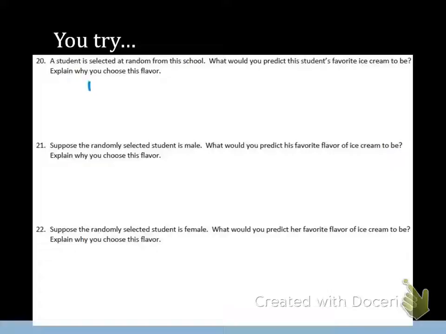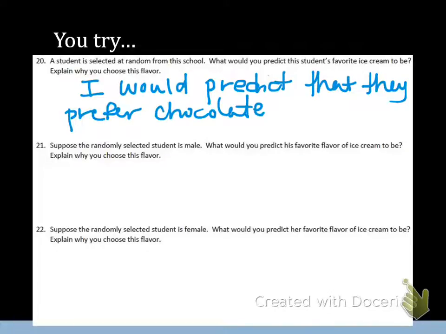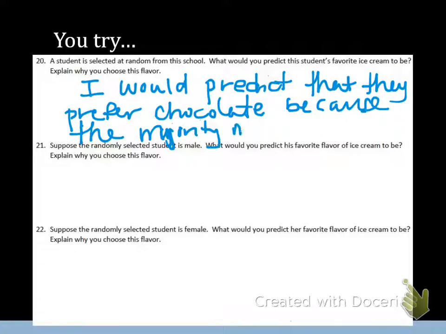So I'm going to say I would predict that they prefer chocolate because the majority in the survey did. Okay?